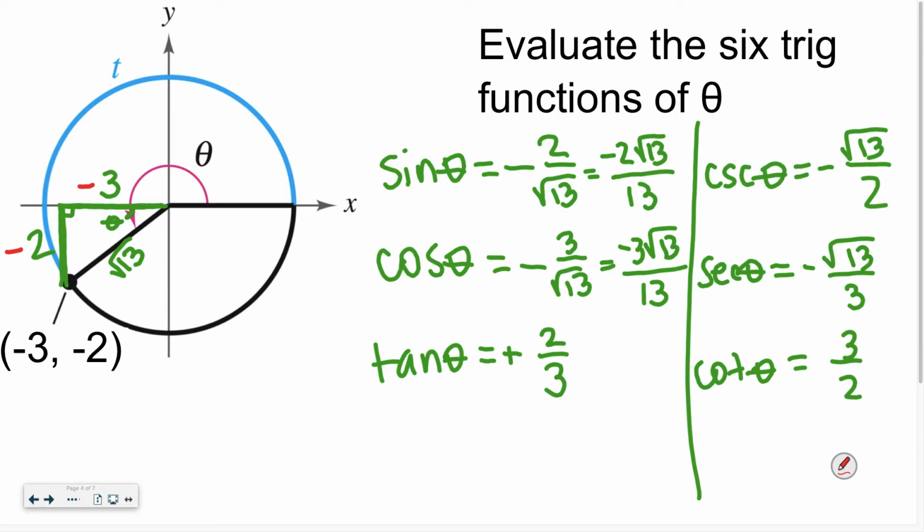I know that those lengths aren't negative, but if it helps you get the appropriate ratios for your positive and negative values, that is fine. I think we all understand at this point in our math career that a triangle can't have negative lengths. But if you label them that way just to get your ratios, we'll all be okay.